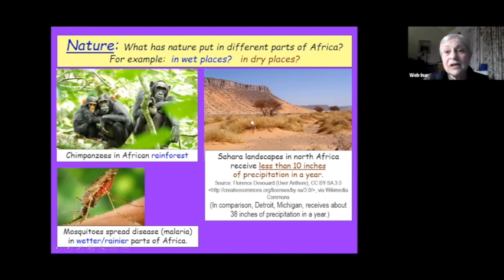But there are also extremely dry places in Africa. This is a photo from the Sahara. Technically, a desert would have less than 10 inches of rain a year, and this particular photo shows less than 10 inches of rain a year. In comparison, Detroit gets about 38 inches of rain in a year.